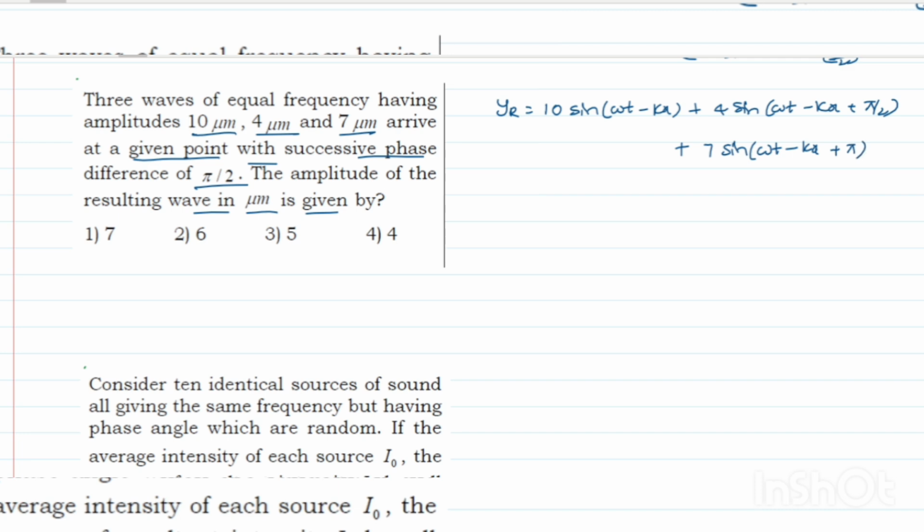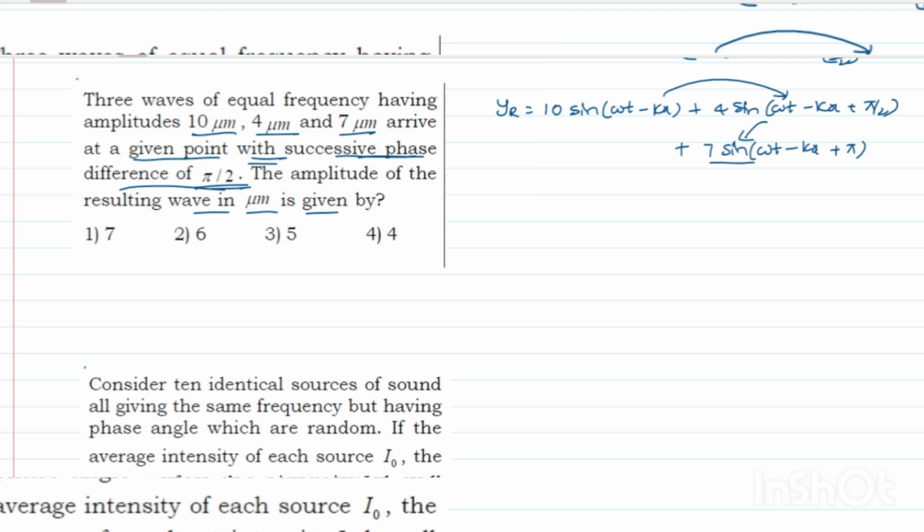Here I am writing in this sense because of the successive phase difference of pi by 2. So the 3 waves move with pi by 2 between the first two, and again pi by 2 between the next two. That's the reason I am writing like this.